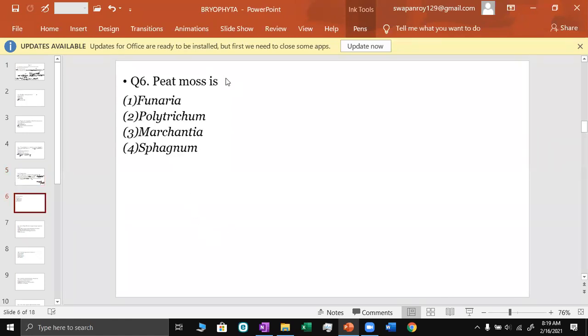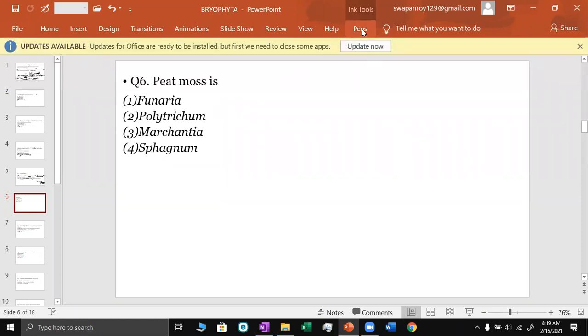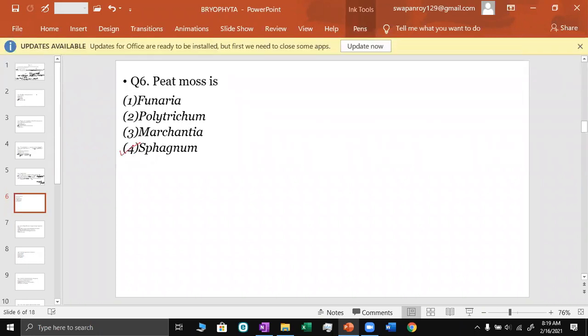Peat moss, I just now told, which one is peat moss? Option 4. Sphagnum is the peat moss. Funaria and polytrichum are other mosses.